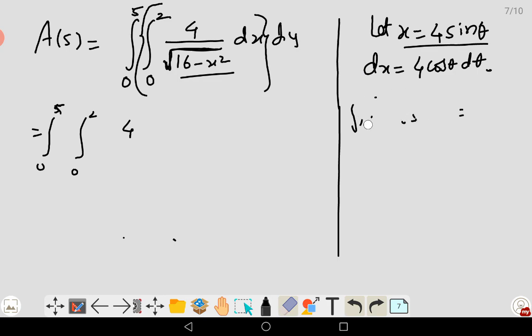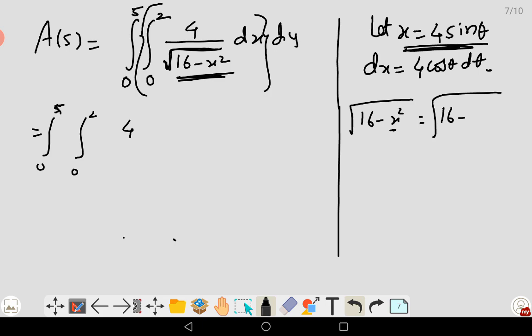Try it one more time. I'm actually finding the value of the denominator here, isn't it? So what is it? Square root of 16 minus x square is equal to what? 16 is 4 square, isn't it? 16 minus x square is again 16 sine square theta.